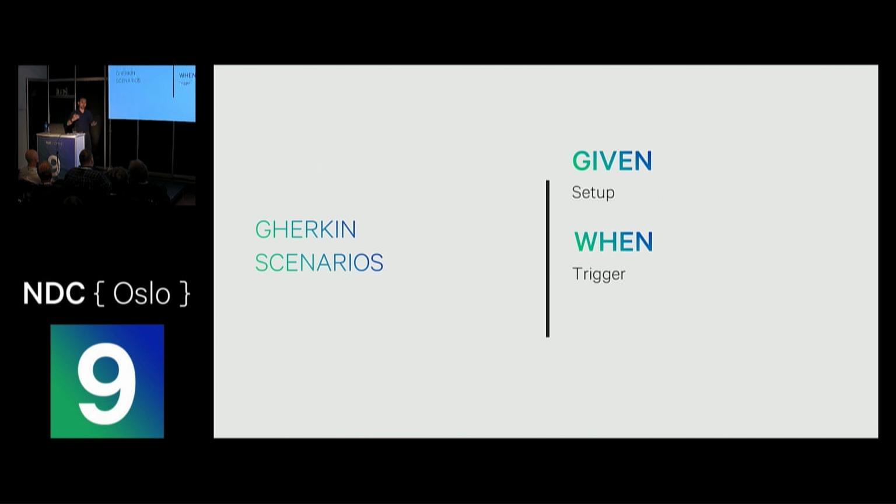For example, "When the user enters the details and clicks the login button." That's the second step. Then it's the verify step, Then. Something expected should happen. For example, the user is logged in correctly, or the user didn't log in correctly, and you have a certain output. So this is just normal English.